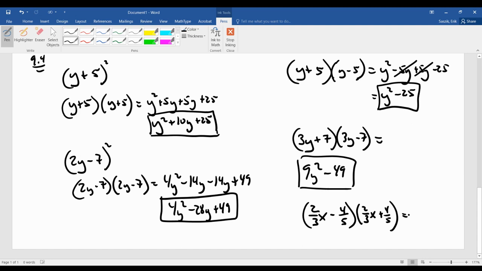Instead of distributing all this, where the fractions get real messy, just square 2/3. Remember, 2/3 squared, you square the top, you square the bottom, you get 4/9 x squared. Same thing, square this, square the top, square the bottom, stick a subtraction in between, you're done. If you do the distribution, it'll still work out, but I'm just trying to save you some time. Okay?